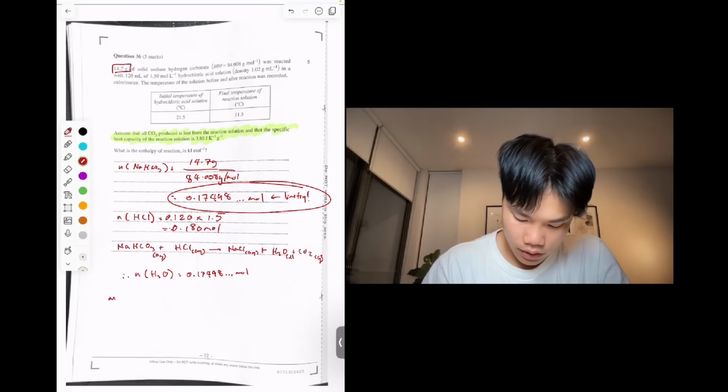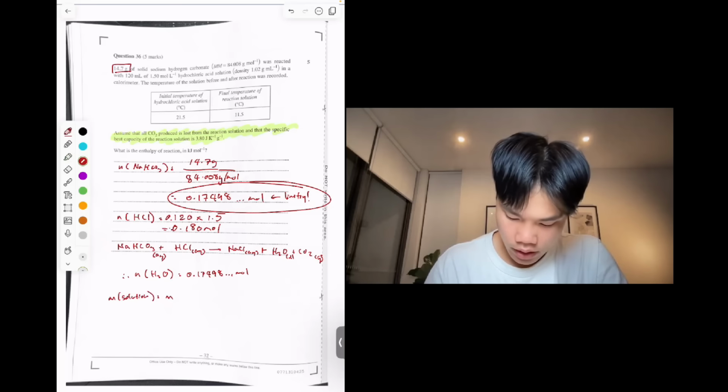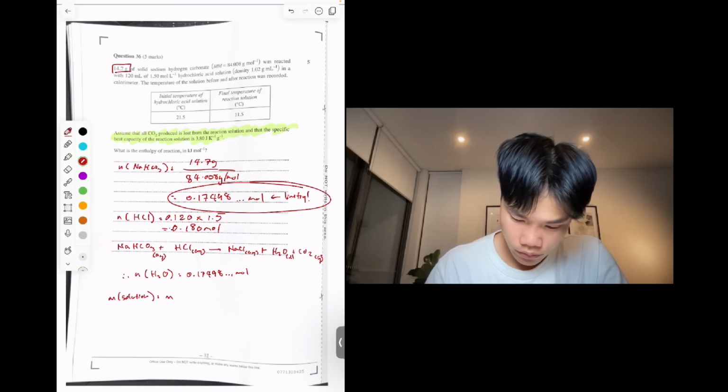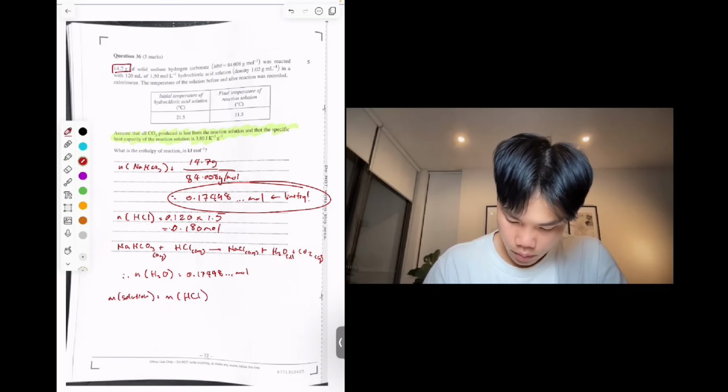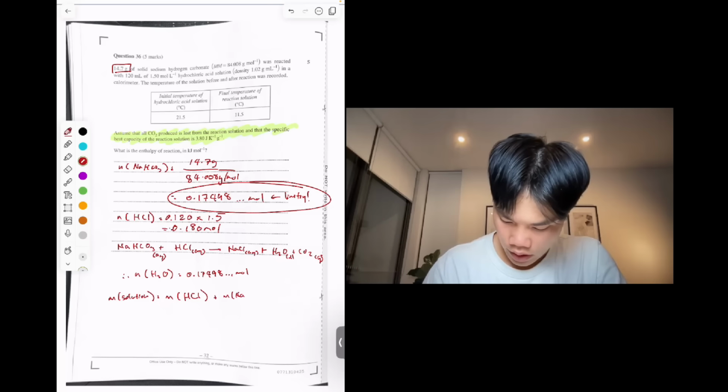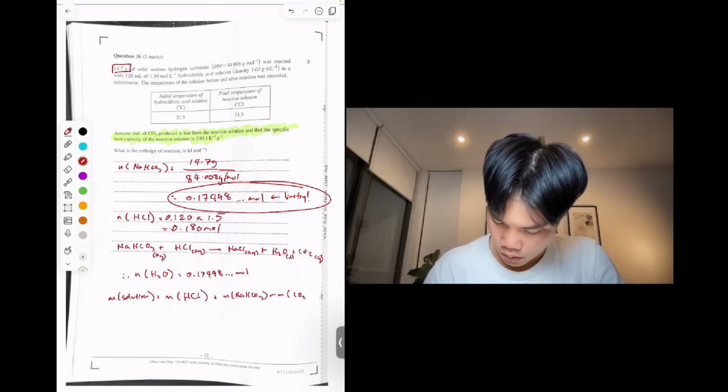So the mass of the solution is equal to the mass of the HCl solution plus the mass of NaHCO3 minus the mass of CO2 that you lose.